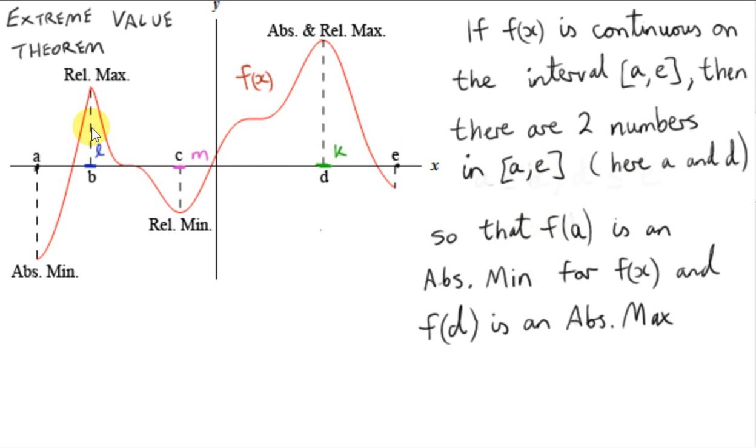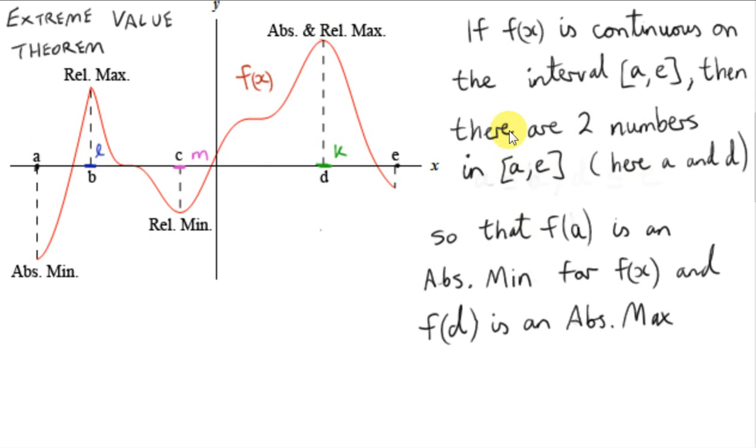So that's always true for a continuous function. There are 2 points in the closed interval over which the function is defined, such that one of them gives an absolute min and the other one gives an absolute max. It just happens in this case that the value that gives the absolute min is the endpoint of the interval a to e.